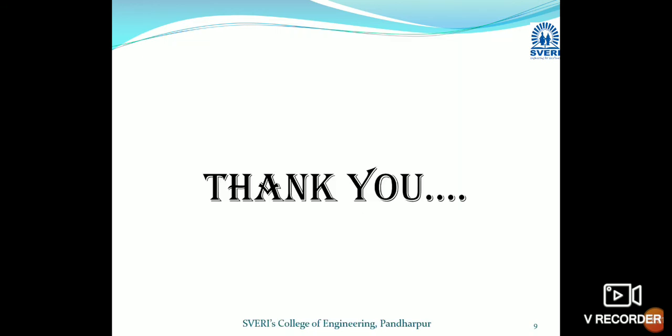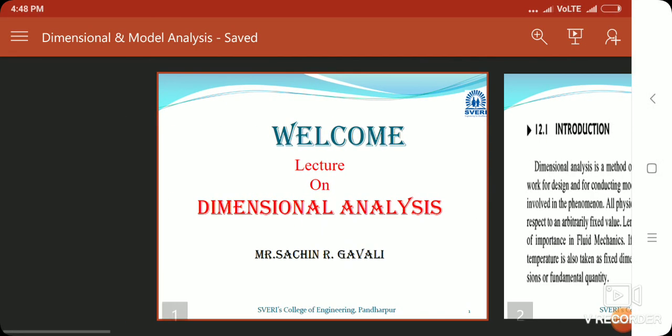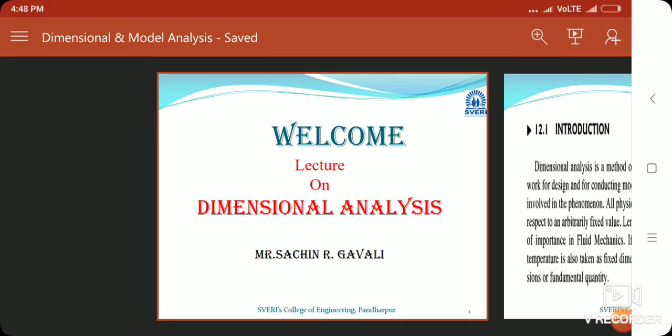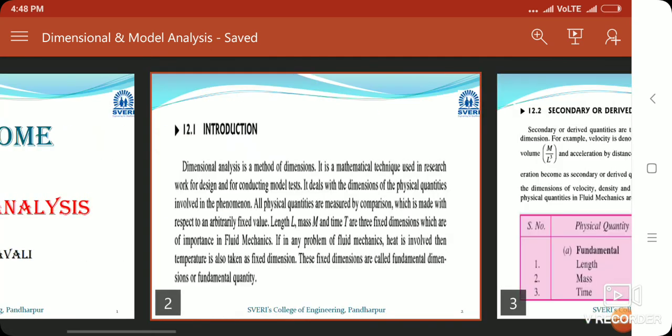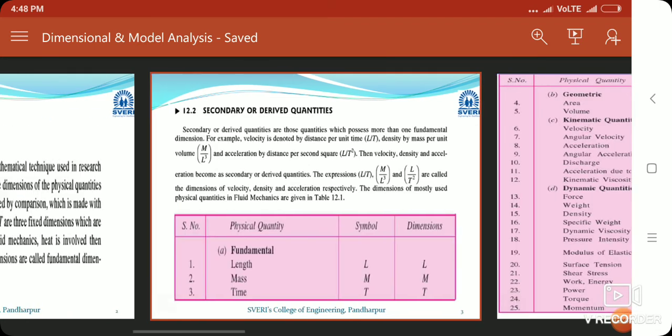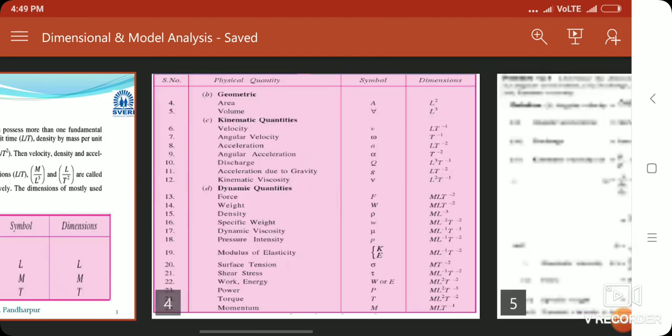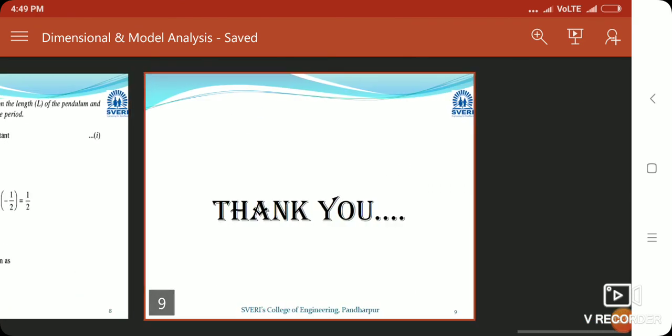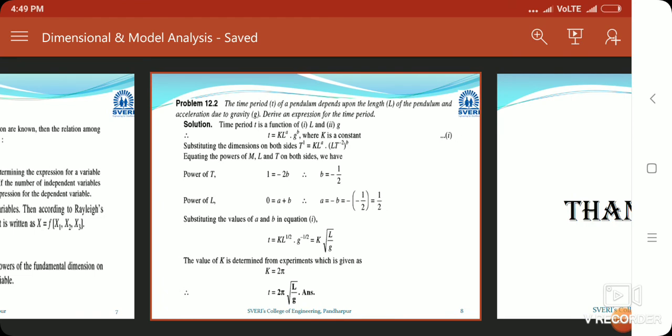So here is an example: the period of a pendulum depends on the length L of the pendulum and the acceleration due to gravity.